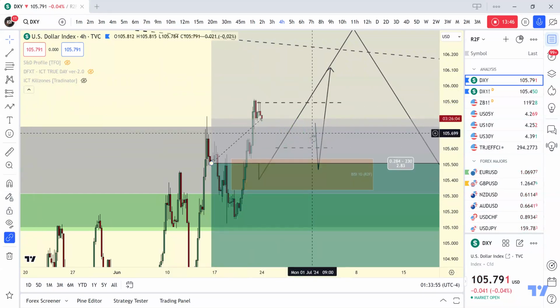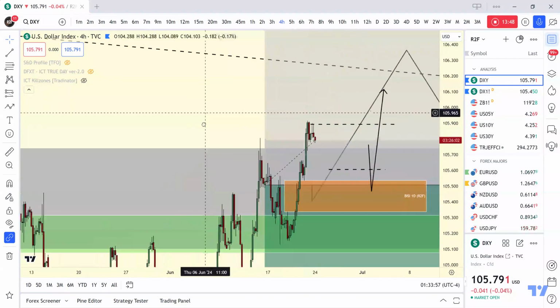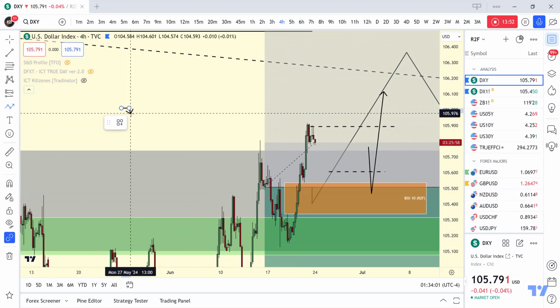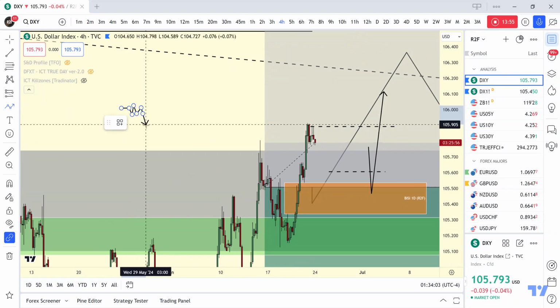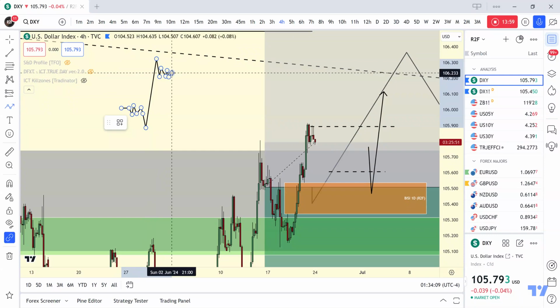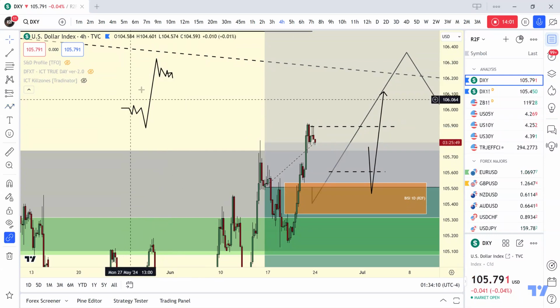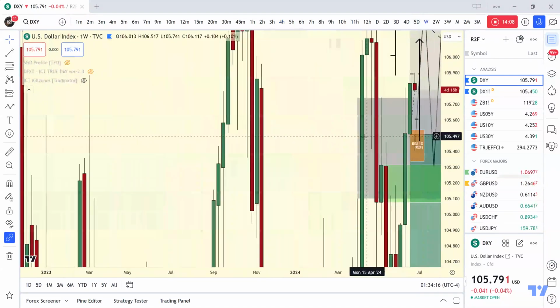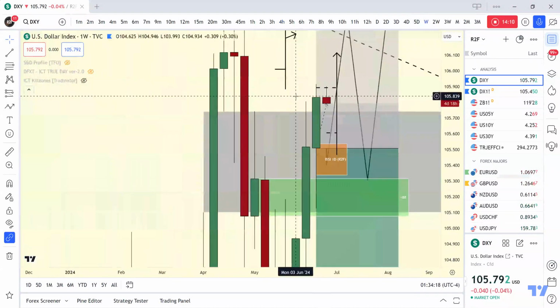So these are possible scenarios. Power of three: open, consolidation, manipulation, expansion, distribution, right? Accumulation, manipulation, distribution. There's a power of three. So you can see it in the candle. If you go to the weekly candle, ooh, what was that big explosion?